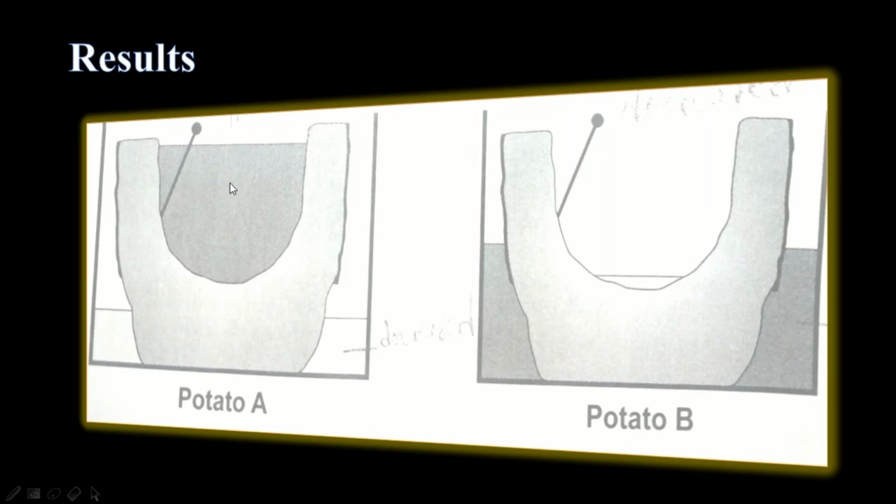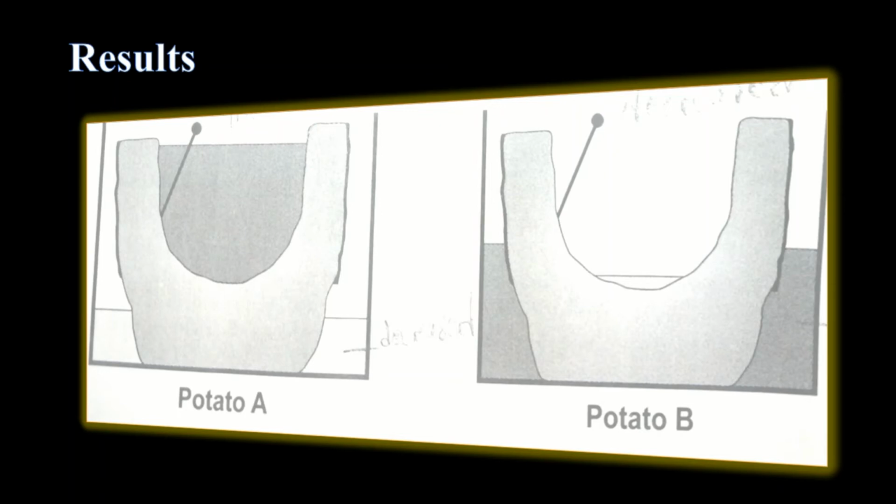And how do we know that the water level increased? It's because of the pin. We know that initially the starting level was at the pin, and after 2 hours our salt solution is above the pin, whereas in the beaker our water actually decreased.